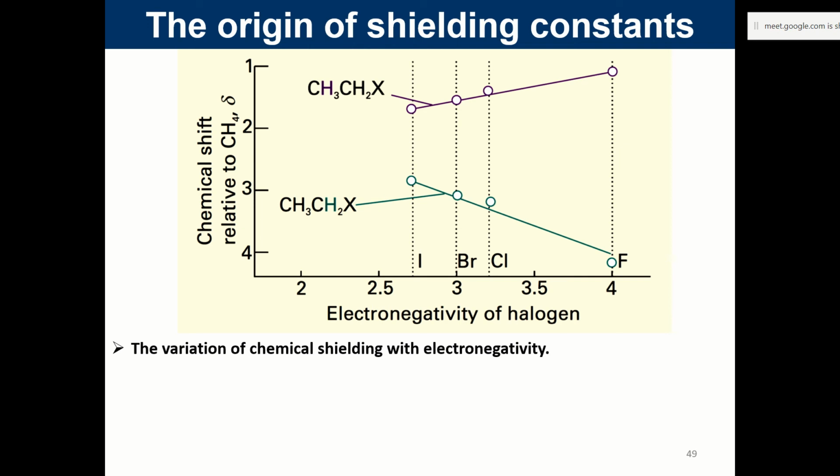If you look at this very carefully, on the x-axis we have the electronegativity of the halogen, on the y-axis we have the chemical shift values. The chemical shift value, by the way, has been plotted like 1, 2, 3, 4, so it is increasing on the downward side. For the proton over here, look at the change in the chemical shift value with increase in electronegativity.